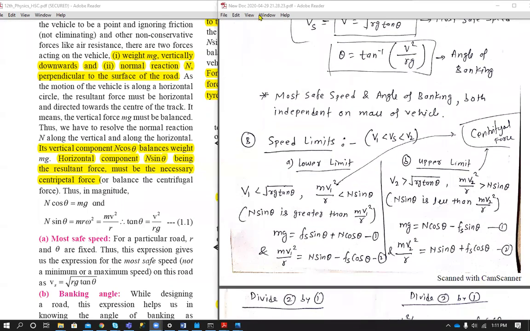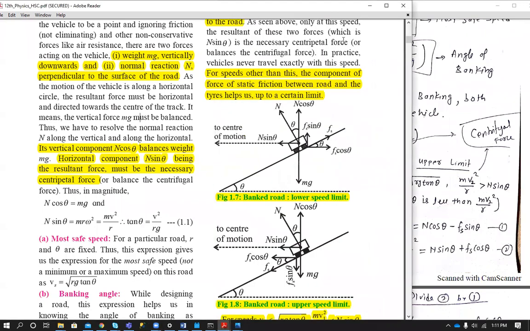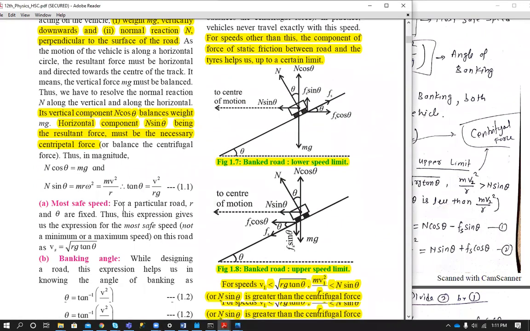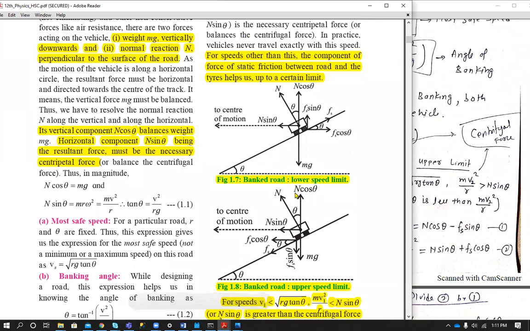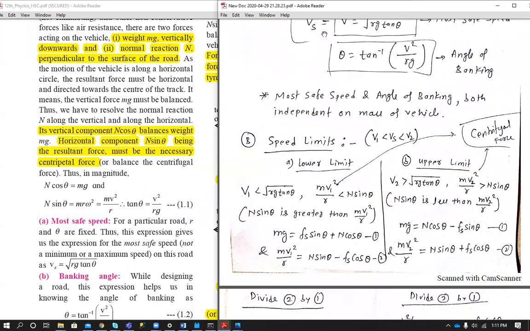So there are two speeds given in the book, and I will explain them in the diagram. In the first case, v1 is called the lower limit and v2 is called the upper limit.